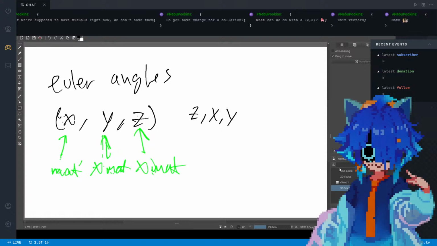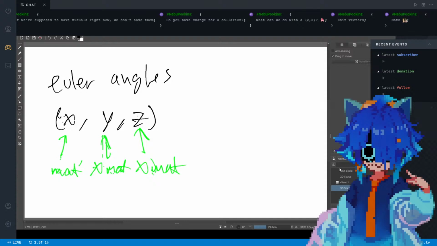So there's a problem with these. When one of the axes becomes 90 degrees, the other two axes start rotating around the same thing. There is at least one axis where that's the case.